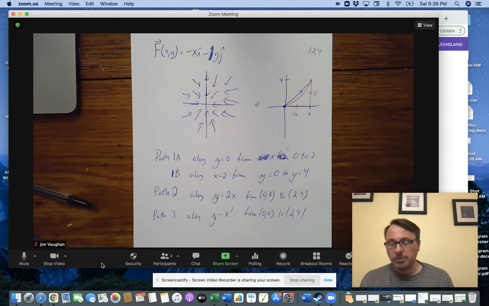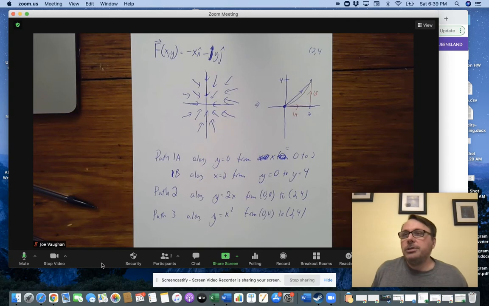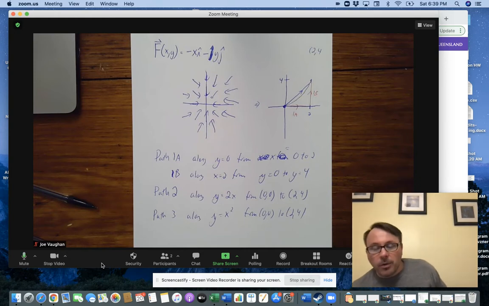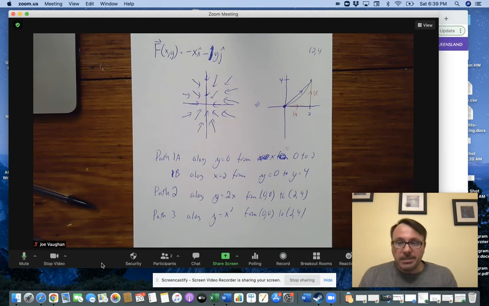Now, some people might be saying, well, Mr. Vaughn, choosing 3 random paths between 2 points is not sufficient to show that if the work along those 3 paths is the same, that would be the same for any paths. And to you I say, sure, this is not as rigorous as we could make it. We would try to do this with arbitrary functions, and I'll talk about another methodology that gets used if we're trying to do this really formally.